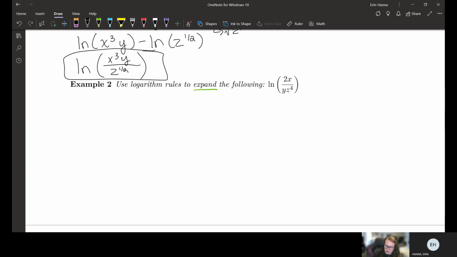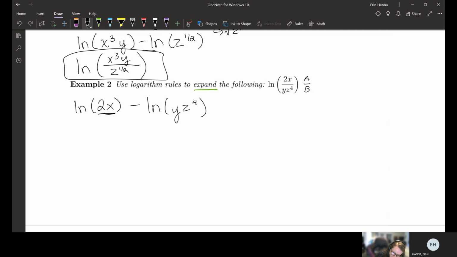Since it's the natural log of a over b, we're going to be able to split that up as the natural log of the numerator minus the natural log of the denominator. And now I'm going to take care of any of our multiplication. So always take care of the division and multiplication steps before the power step when you're expanding.